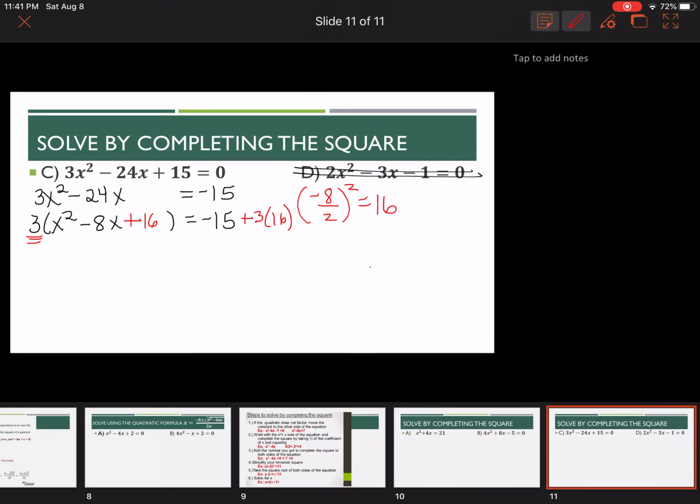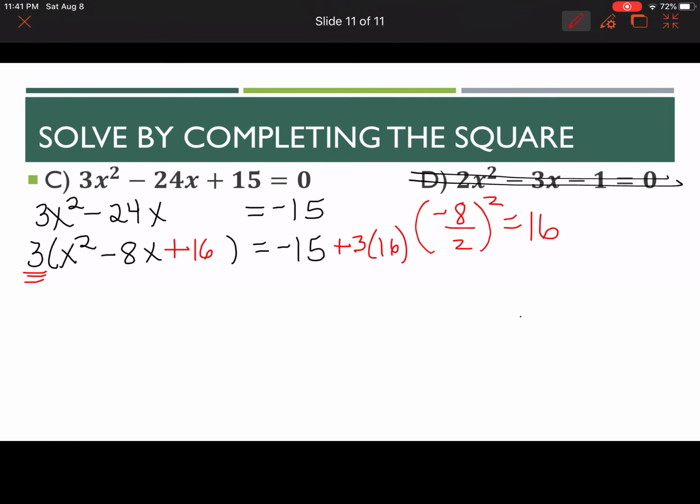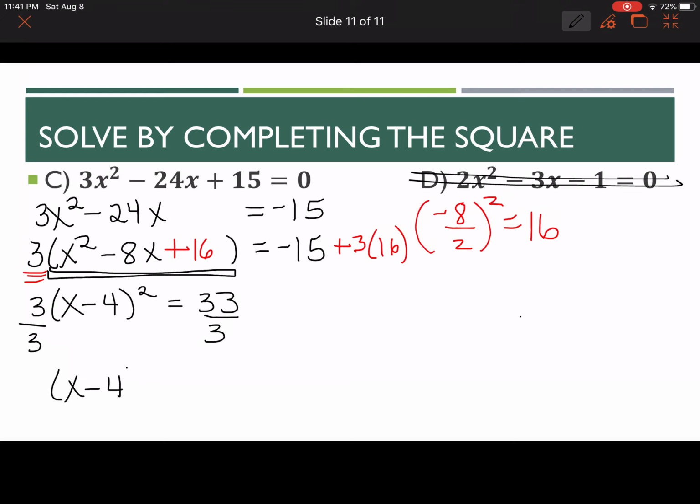So we have a 3, and we're going to factor this down. That factors down to x minus 4 squared. And when you put negative 15 plus 3 times 16, you should get a positive 33. We're going to divide both sides by 3.